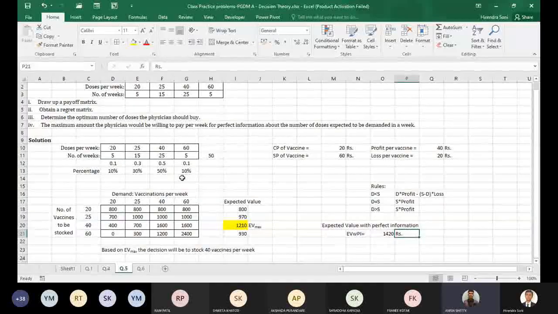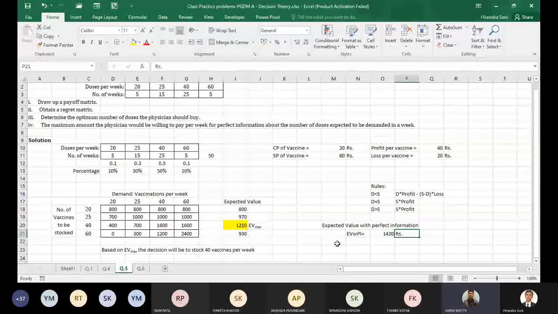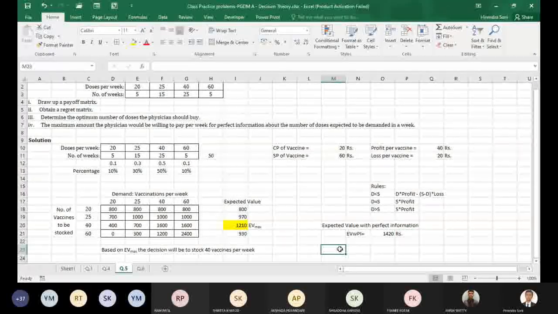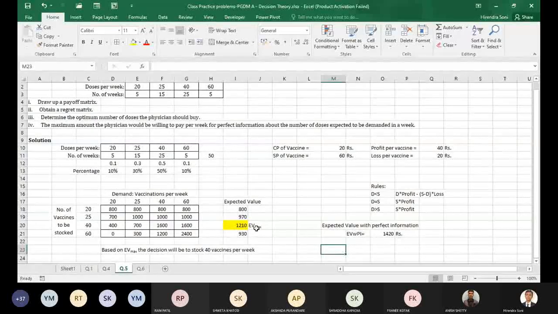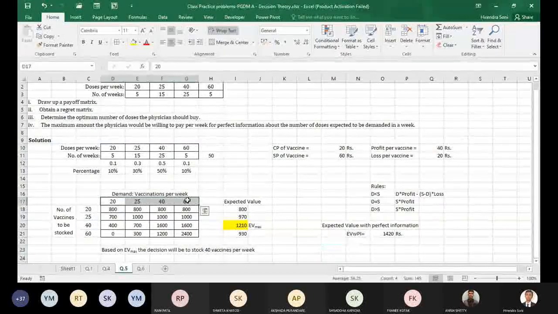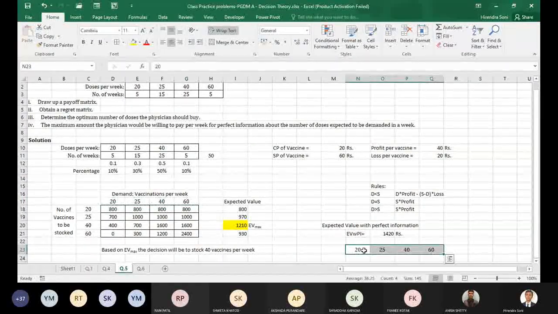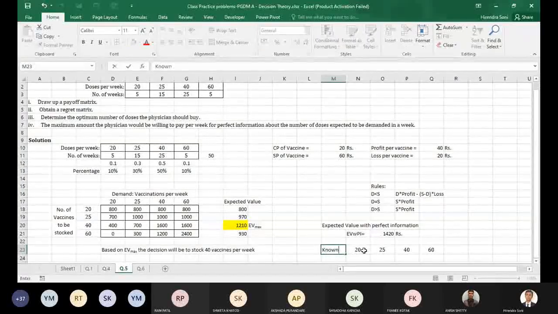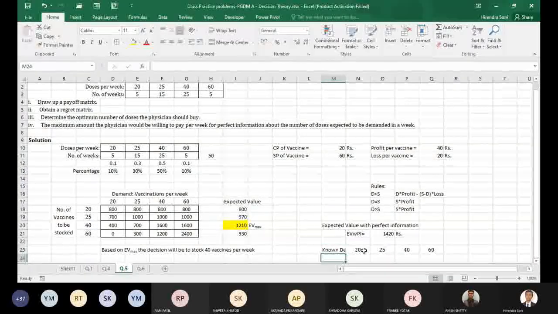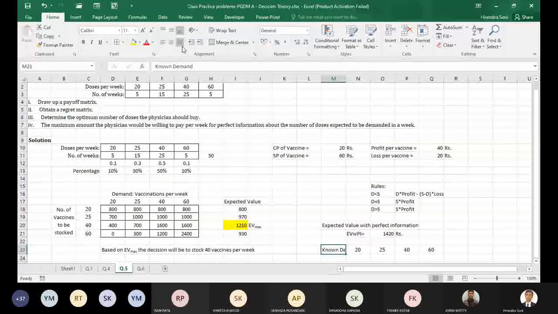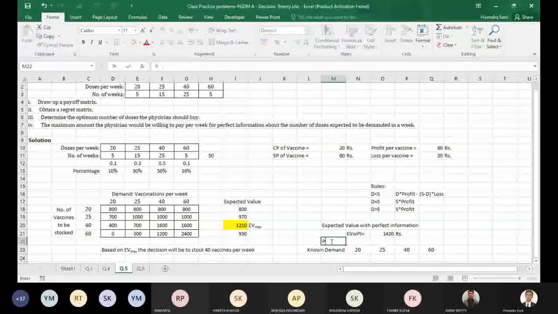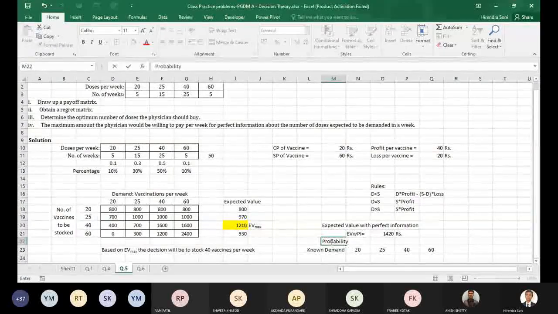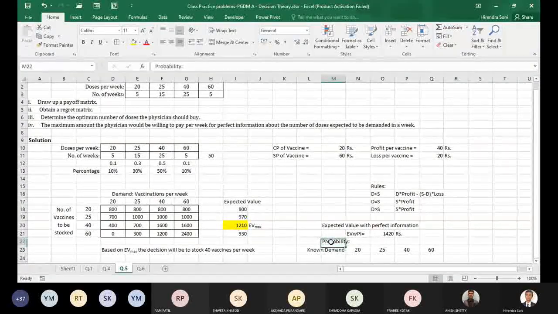Sir, can you please repeat that 1420 part? रुको, इसको ना मैं वही सोच रहा था कि थोड़ा सा कुछ अलग तरह से पुट अप करूं क्या, so that it would be convenient. When I say I knew the demand, known demand, और उसका probability, हर एक का probability is already given as this.